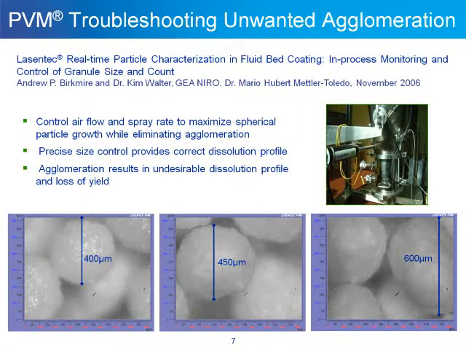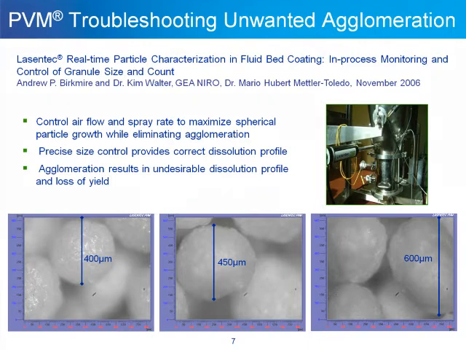In this next example, we look at an agglomeration actually occurring. This is a granulation process in a paper that was originally presented by GEA Niro, where in the image you can see the PVM installed in a fluid bed, and they were controlling the airflow rate and the spray rate to maximize spherical growth while eliminating agglomeration.